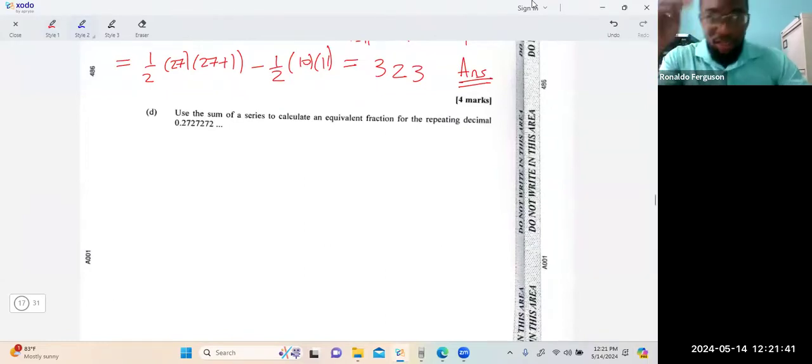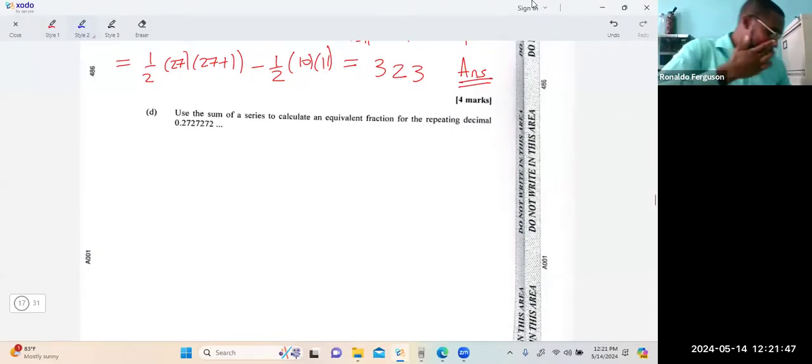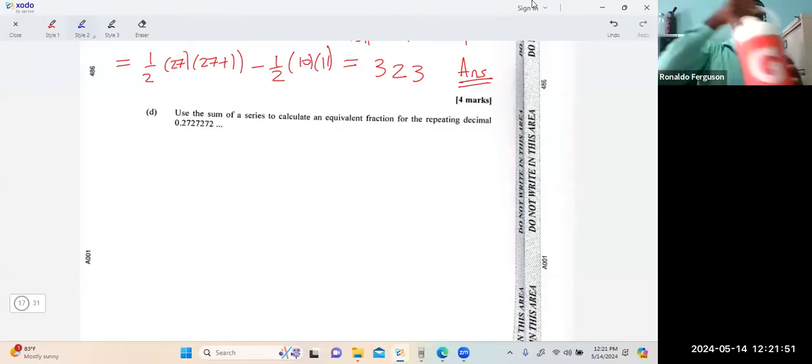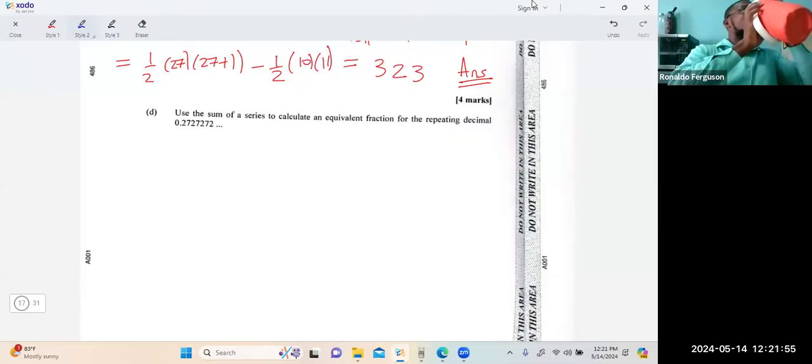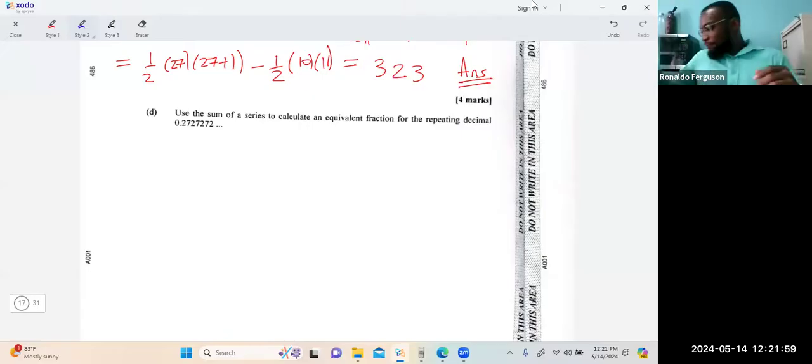Right here, use the sum of a series to calculate an equivalent fraction for the repeating decimal. Usually question 4 is about approximation, so why is there so much sequence and series?